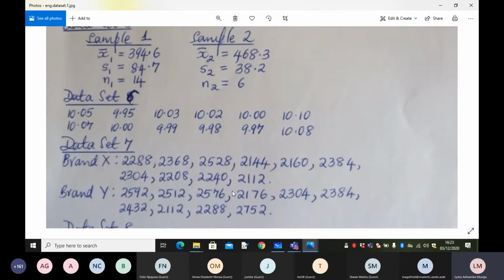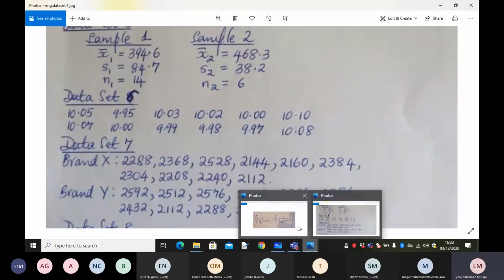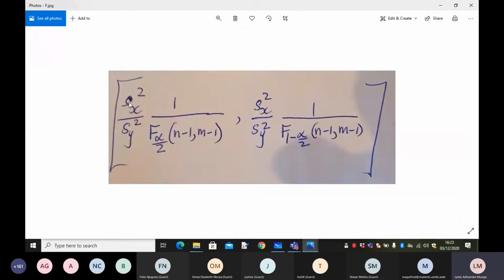So of course, first and foremost, as per the formula for confidence interval, we need to calculate sample variance due to brand X and sample variance due to brand Y. Then we need to know how to obtain our F values, bearing in mind that the confidence interval level is 90%.